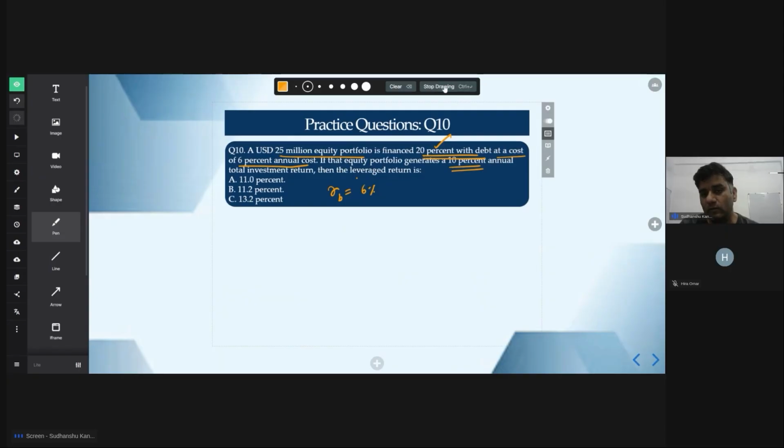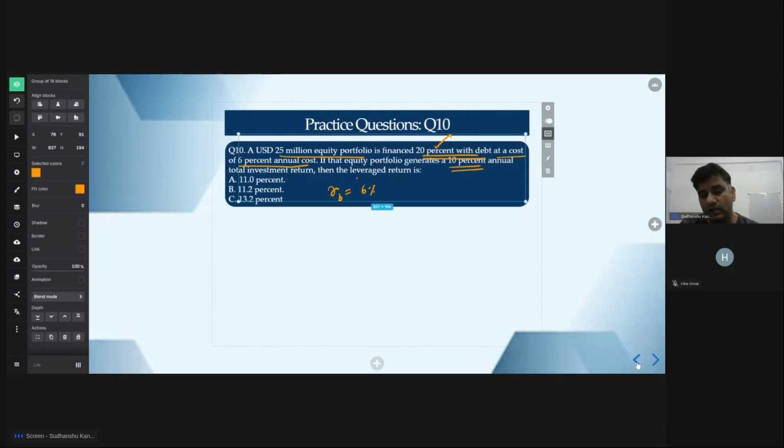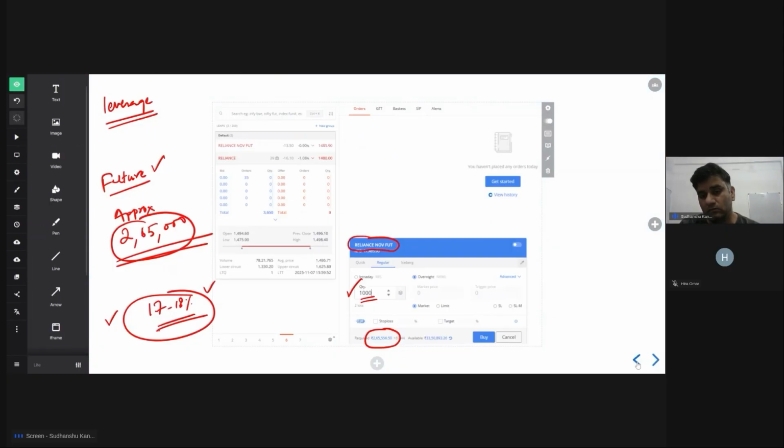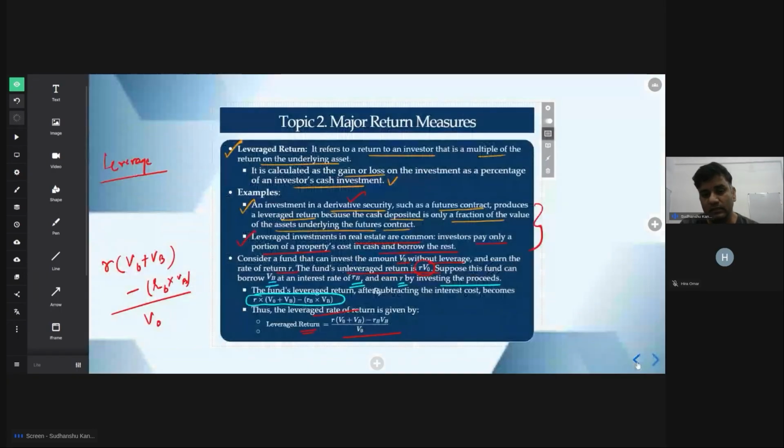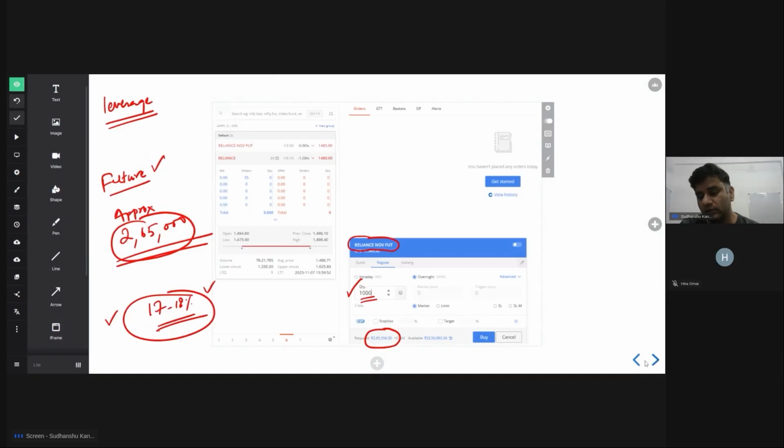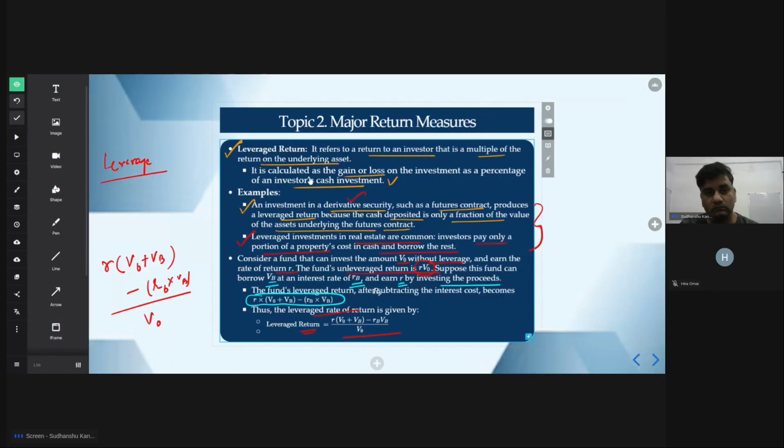Now we just saw the formula, before starting these numericals: R V naught plus VB times R minus RB, VB by V naught. Let me first put a circle on that.